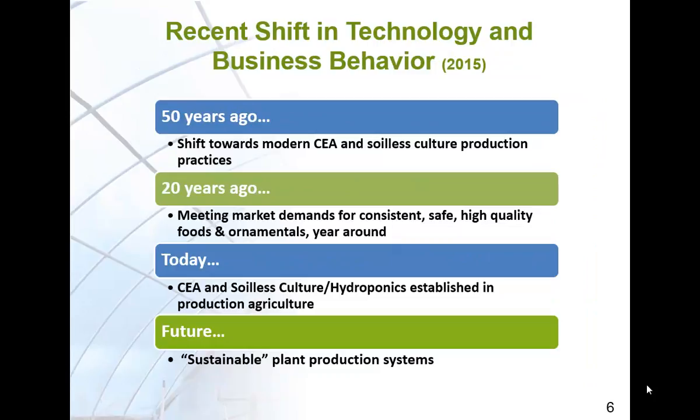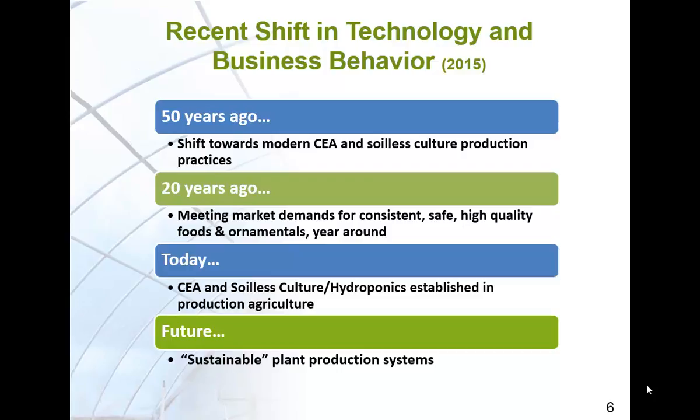Greenhouses have been available and used for more than 2,000 years, since the time of the Romans. In more recent years, within 50 or 60 years, there was a shift toward modern controlled environment agriculture and soilless culture production practices using science and engineering technology for producing the crop.